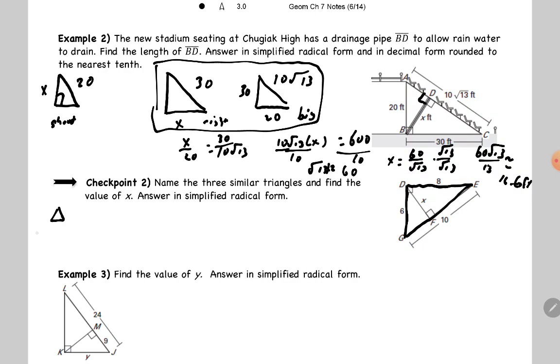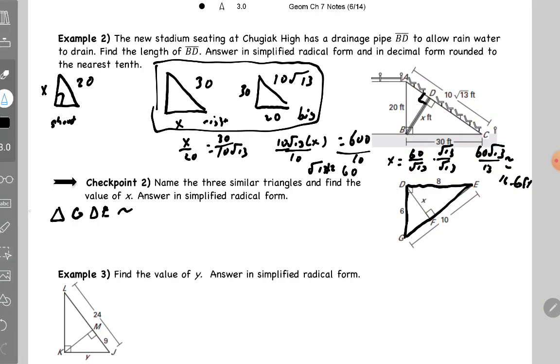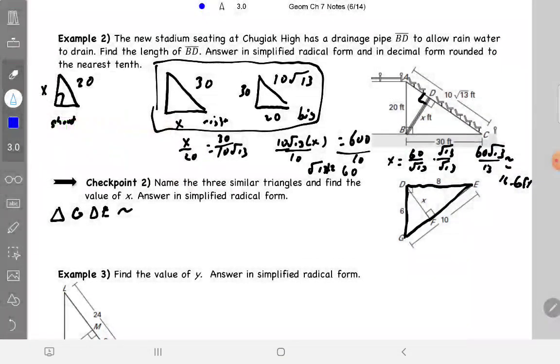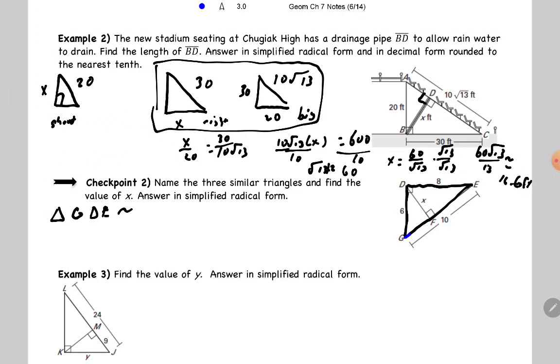So short leg, let's start off with G to D, and then to E. Okay, now let's compare the left triangle. Okay, the short side is GF, and then I went long, D. So triangle GFD.